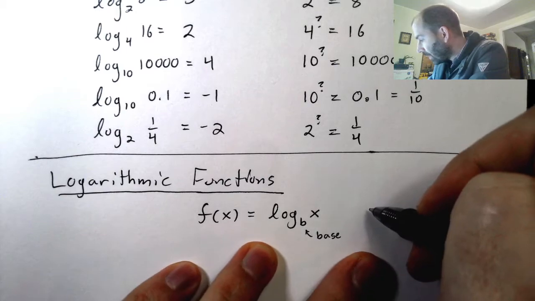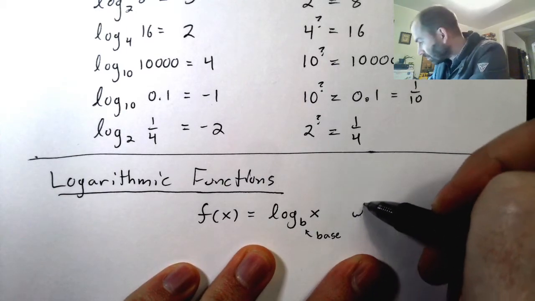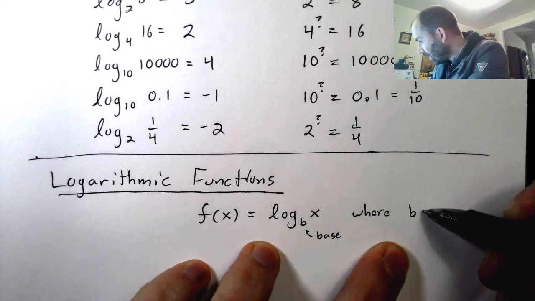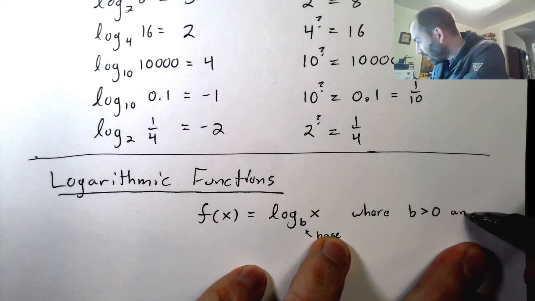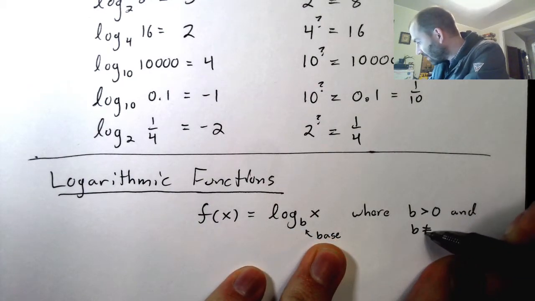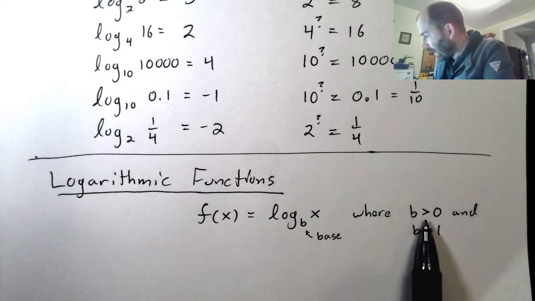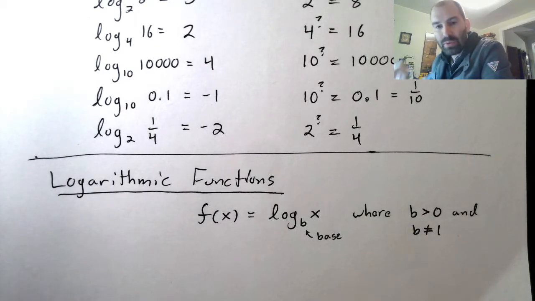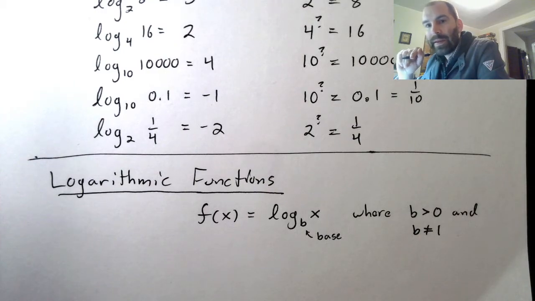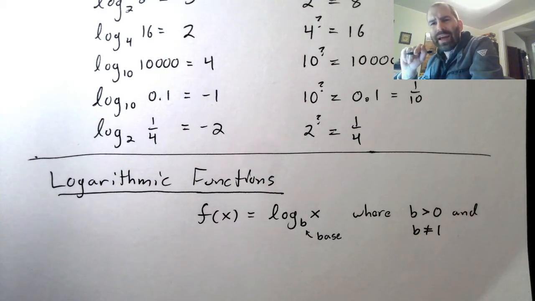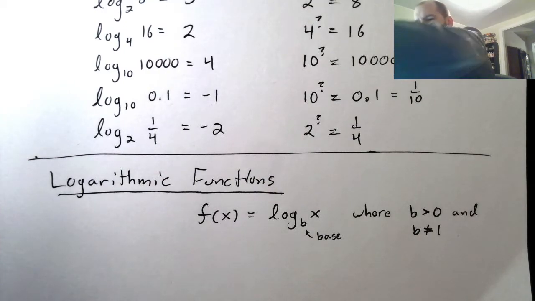So b is positive and b is not equal to 1. So keep that in mind. Sorry, we're not allowed to have b non-positive, I should have said.